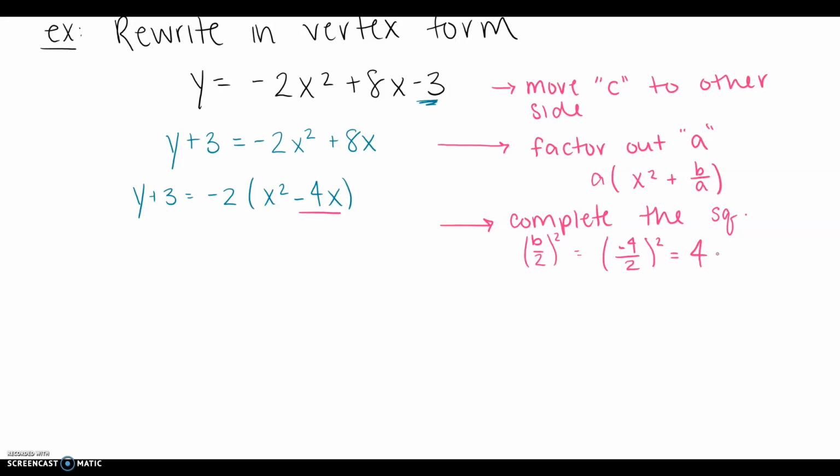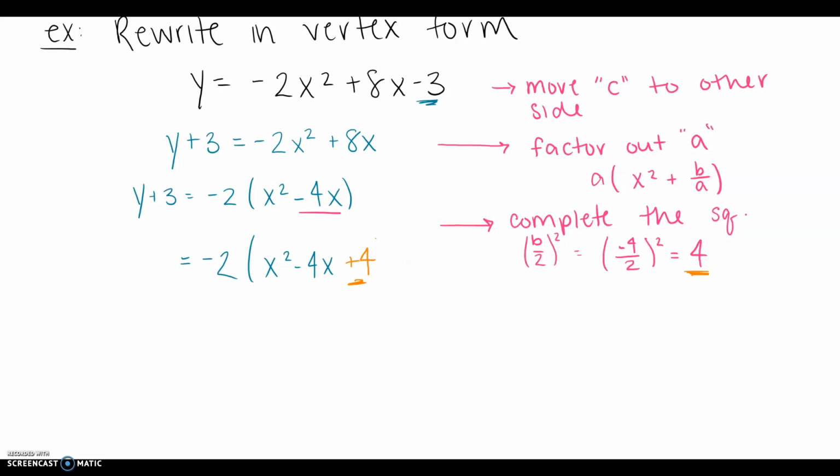We do want to add to both sides, but we have to be very careful. So on the right side, I'm going to have negative 2, and then I have x squared minus 4x, and then I'm going to have my plus 4. And this, remember, is coming right from here.